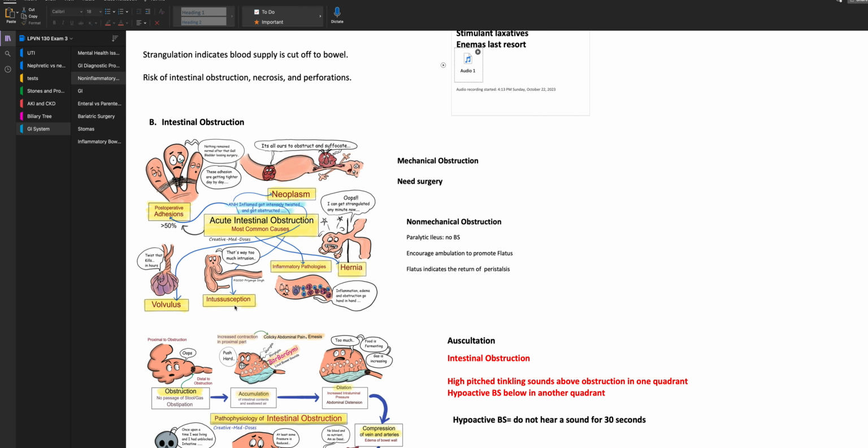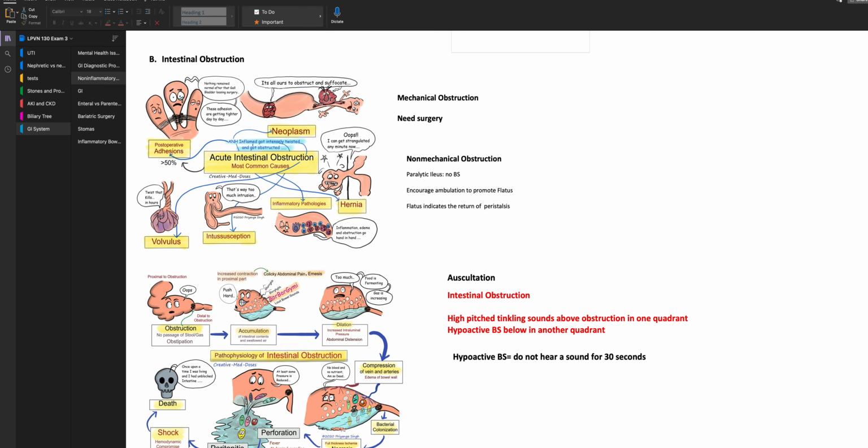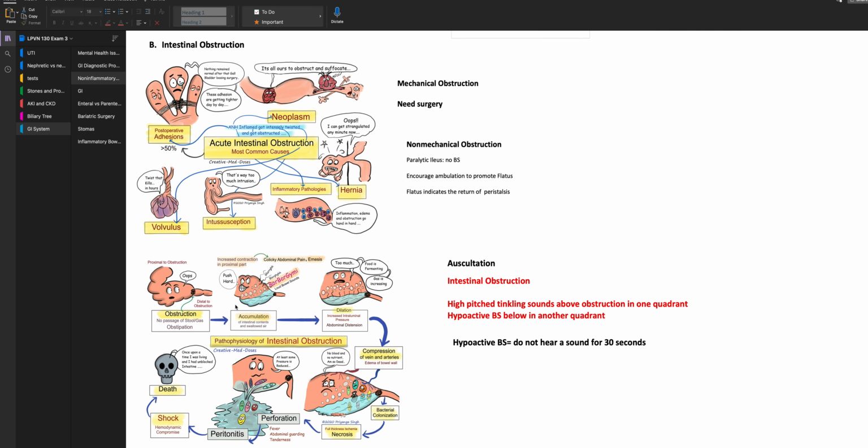Okay, now why we worry so much about obstruction is because it can result in death if you don't catch it early, okay? We're worried that the bowel is going to perforate, or in other words, rupture, cause peritonitis, and then death. So what you're going to hear on auscultation if somebody has an intestinal obstruction is high-pitched tinkling sounds above the obstruction in one quadrant and hypoactive bowel sounds in another quadrant.